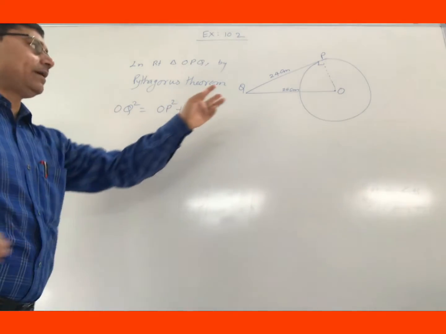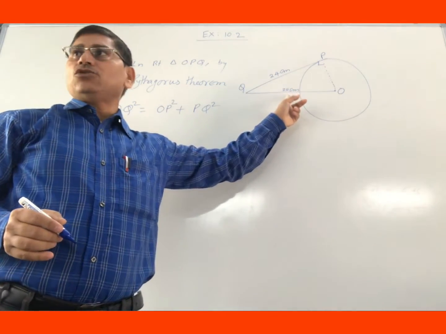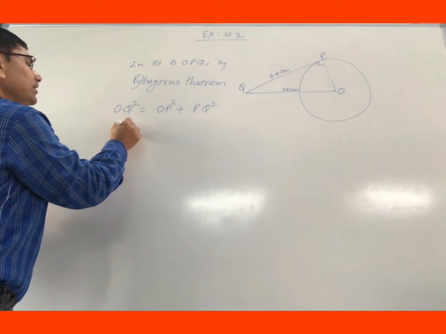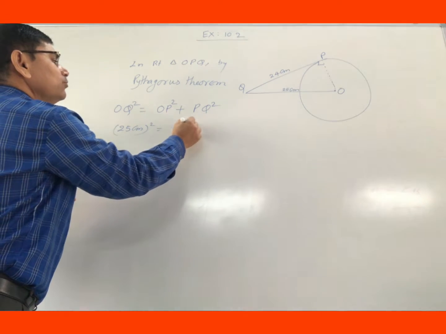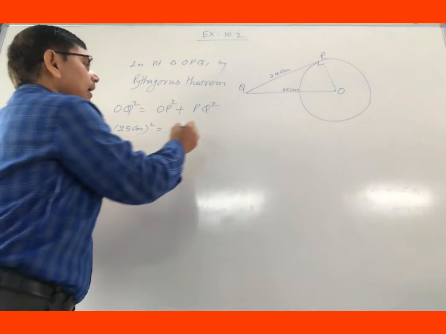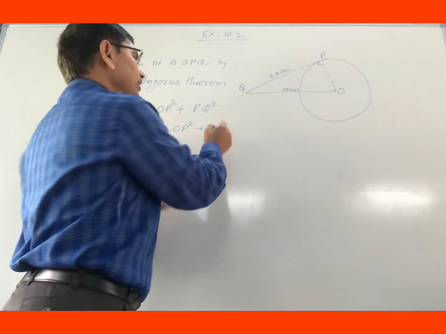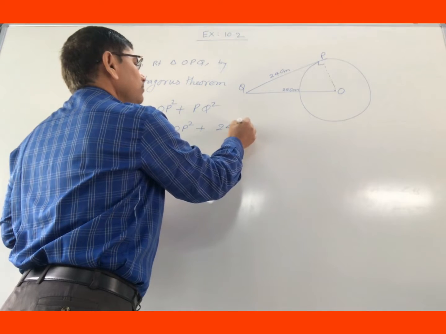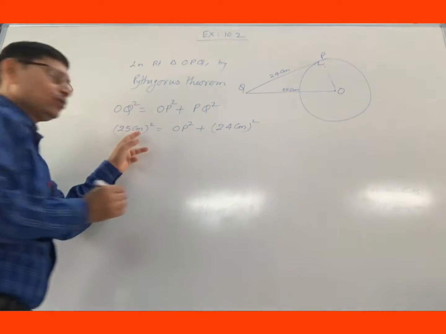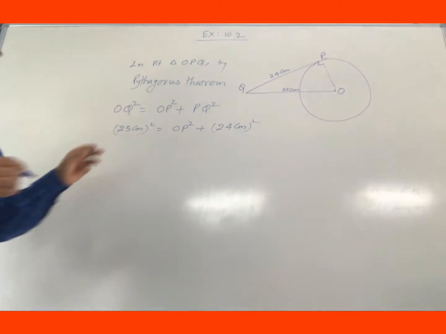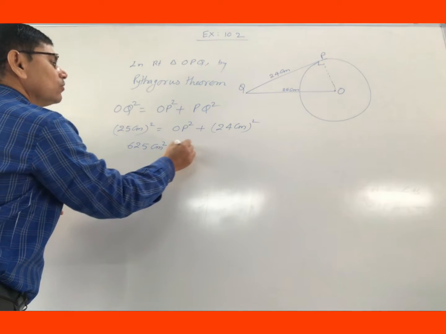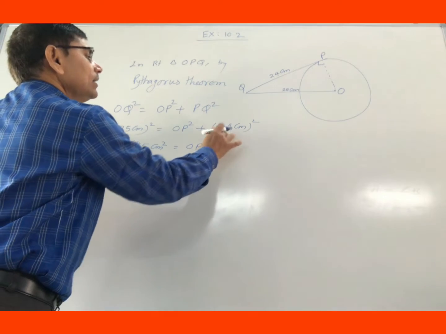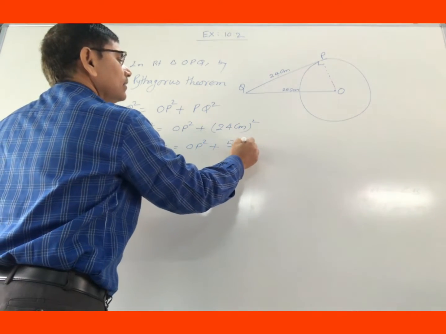Now substitute all values. OQ is given as 25, so 25 centimeters whole square equals OP square, and plus PQ is given as 24 centimeters whole square. The square of 25 centimeters is 625 centimeter square, equals OP square plus 576 centimeter square.